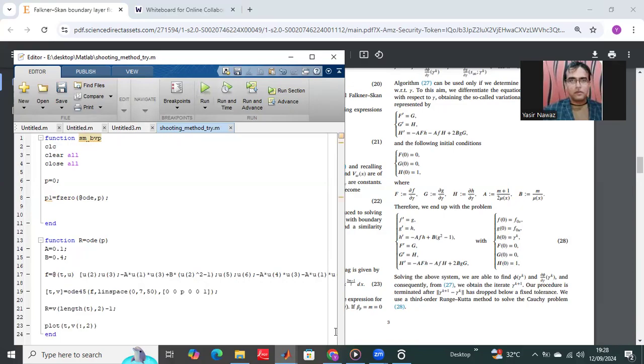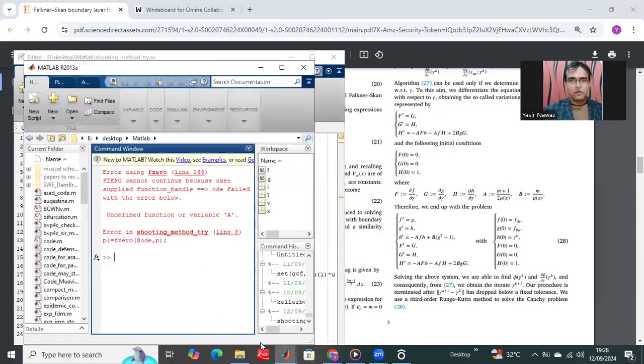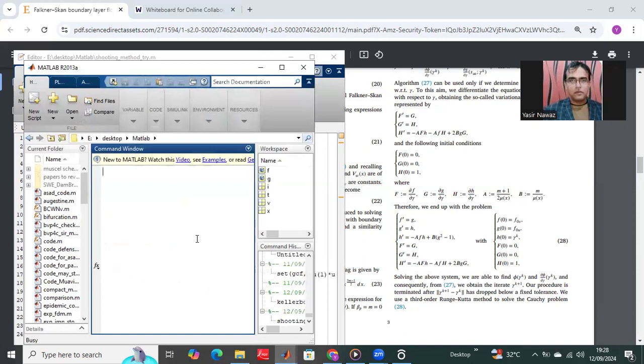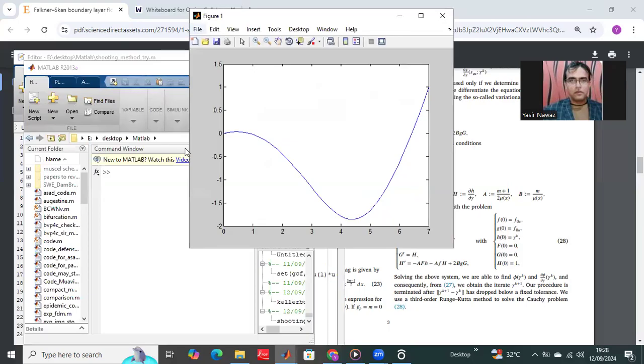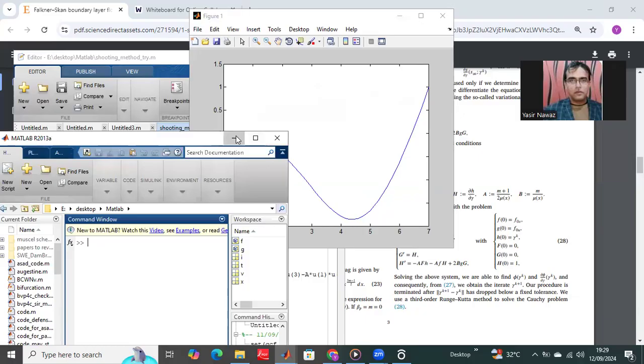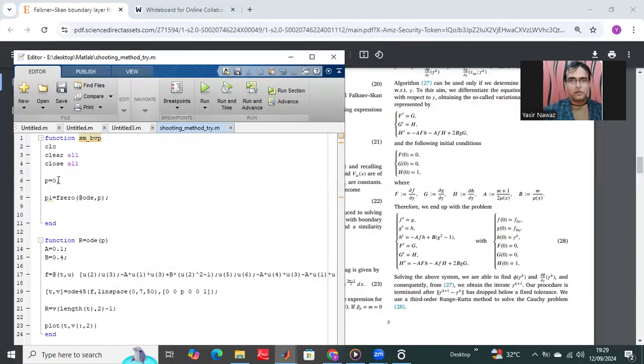Now if I run this, so that's a graph. Actually, the solver did not converge, so I have to use some other initial guess. If I change the initial guess, suppose instead of zero I use 0.1 for P, let me check what happens.